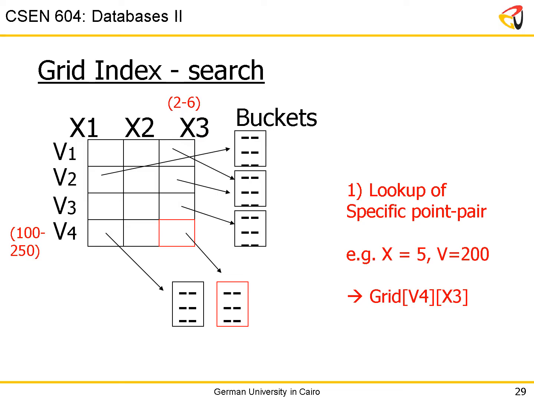Now about performance here, I will do binary search on the ranges in memory because the grid itself is in memory. This 2D array I'm referring to. So that's going to be log n, and I'm going to do it twice, on X and on V, so it's going to be 2 log n. Then I load the red page, or the bucket that is highlighted in red here.